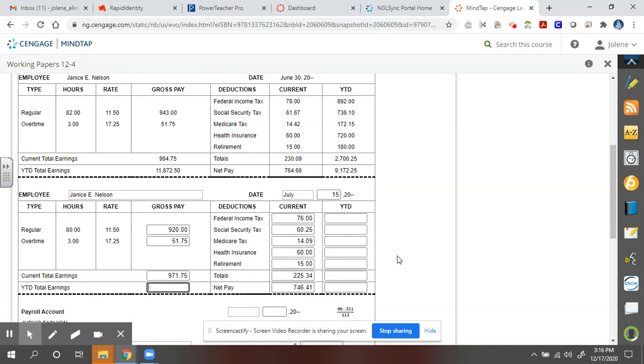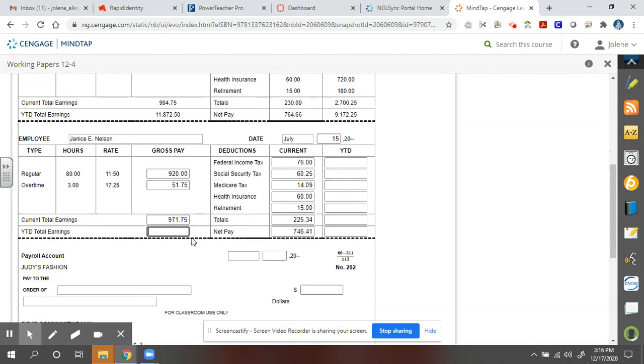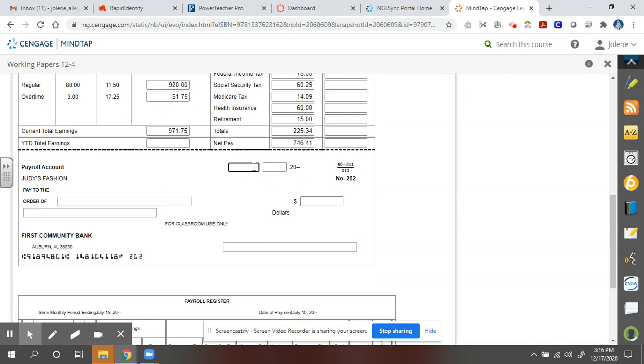Now we can write the check for July the 15th. And this is going to Janice E. Nelson. And she is getting paid right here, $746.41.